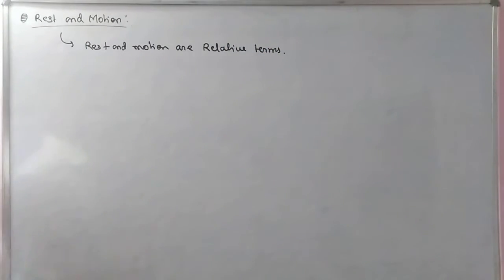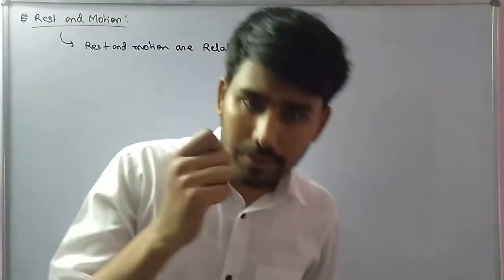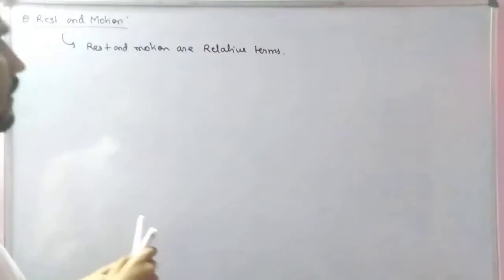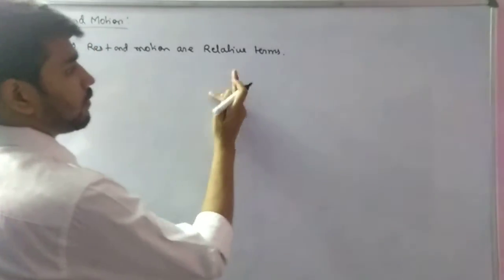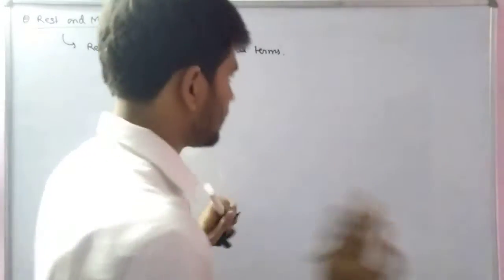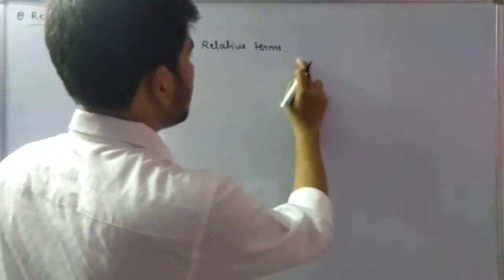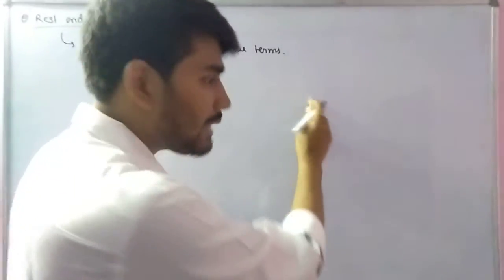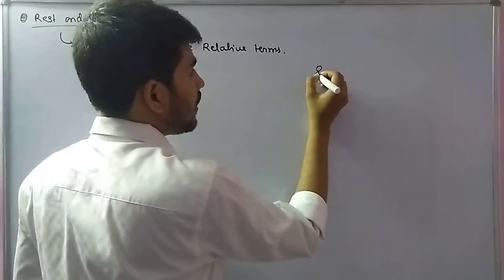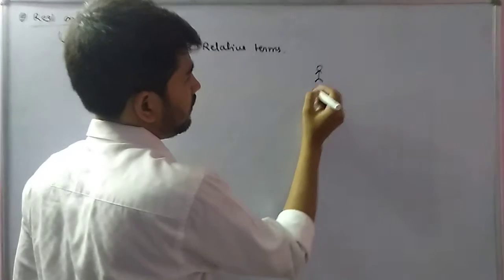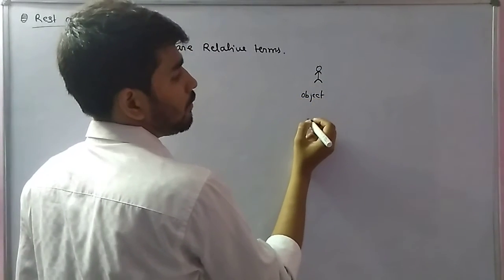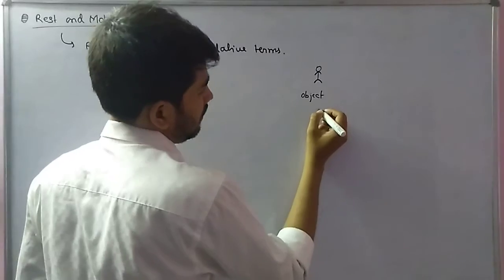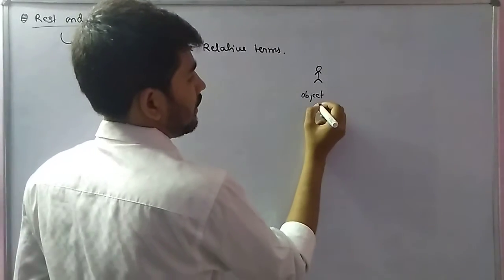Now, by this relative term, we mean that, suppose here I have a person X. Just try to understand first. Relative means that an object, any object, let the name of the object be A.